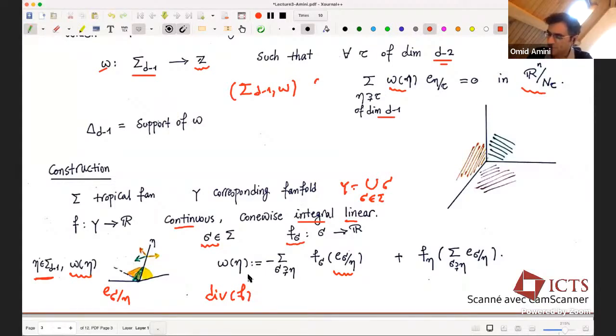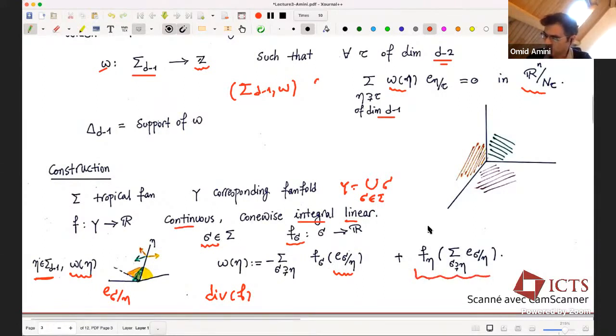But the problem is that if you define it this way, you don't get something well defined, because E sigma over eta is not well defined. It is only defined up to addition of some vector which is tangent to eta. So that's why you have to correct this sum by adding this value. What is this value?